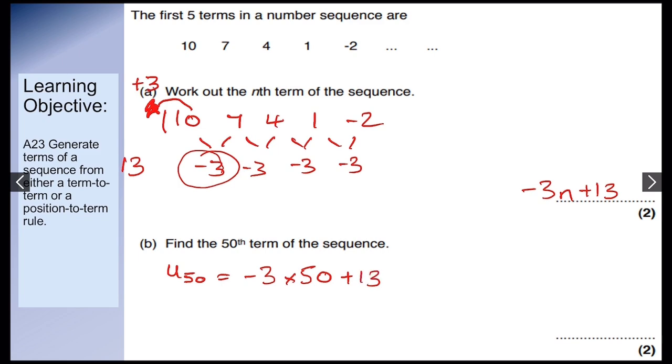Now, working through it properly, I must go minus 3 times 50, which is minus 150, and add on 13. And that would be minus 137. So the 50th term would be minus 137.